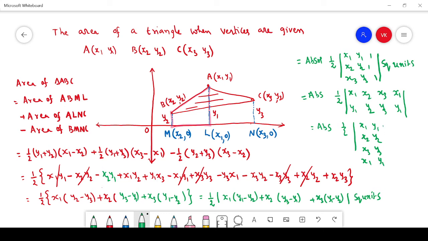This vertical representation is called the ladder formula. This is the horizontal representation.